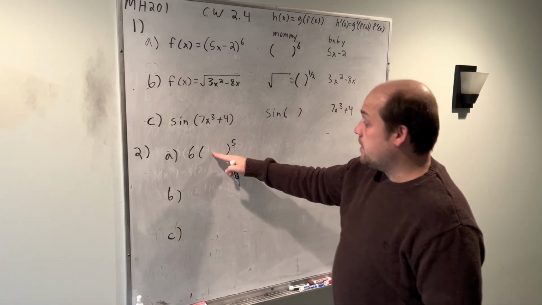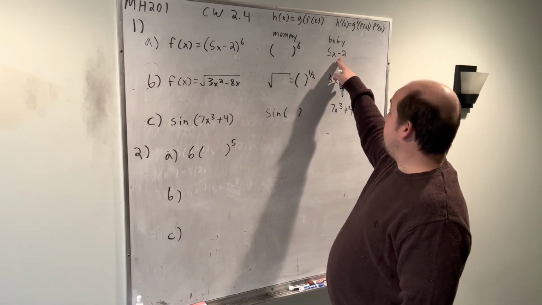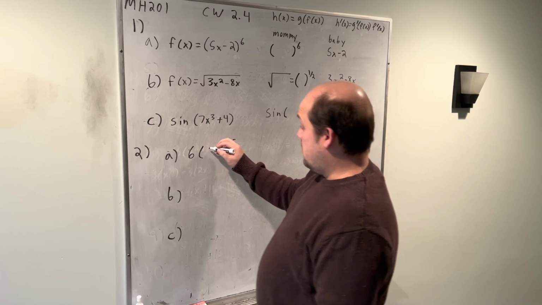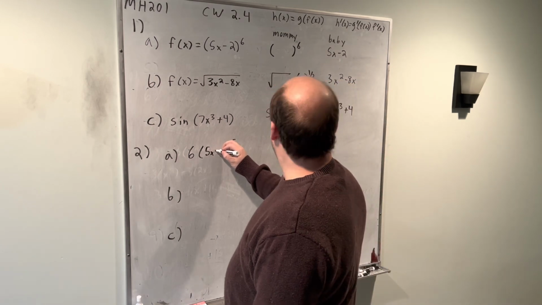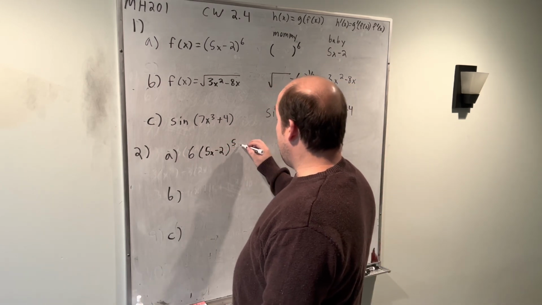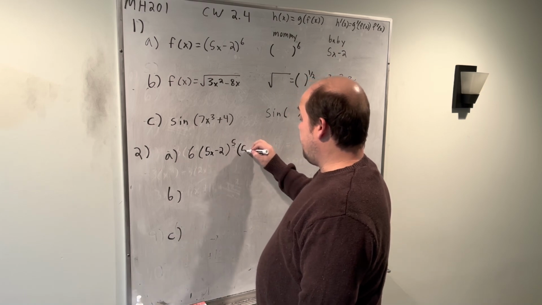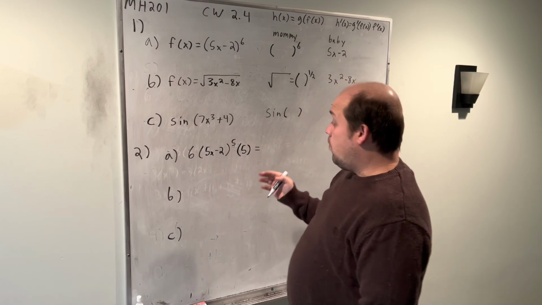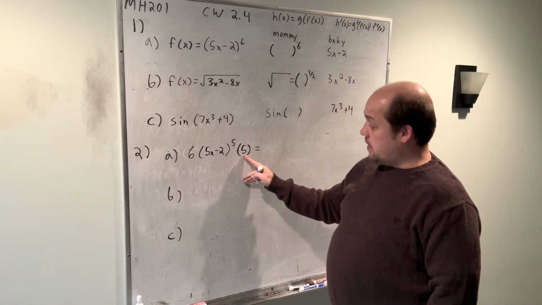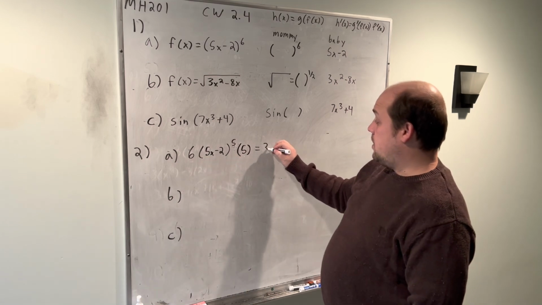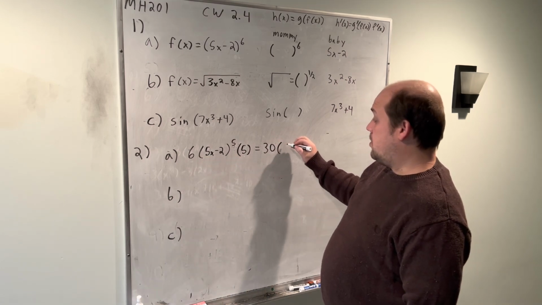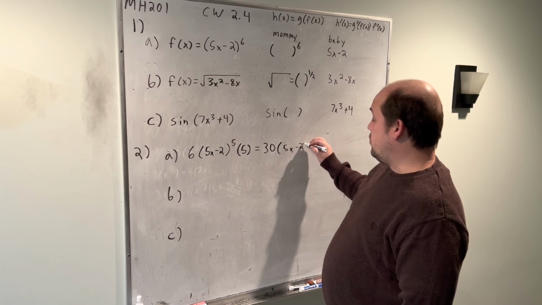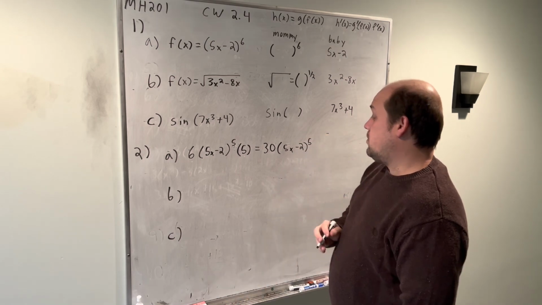When I say something, it's really the unchanged baby as it was without any derivative being taken. Then we multiply that by derivative of baby. When we then simplify this slightly by saying 5 times 6, it ends up being 30, the quantity 5x minus 2 to the 5th power.